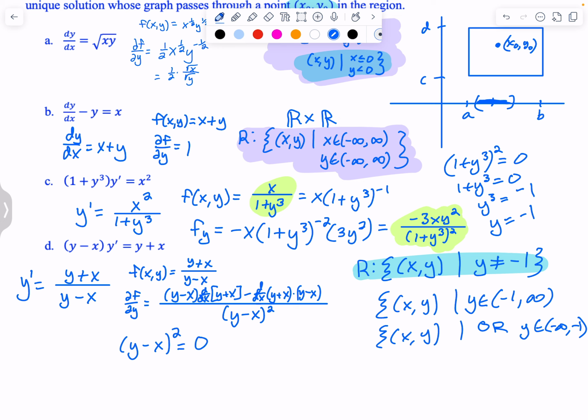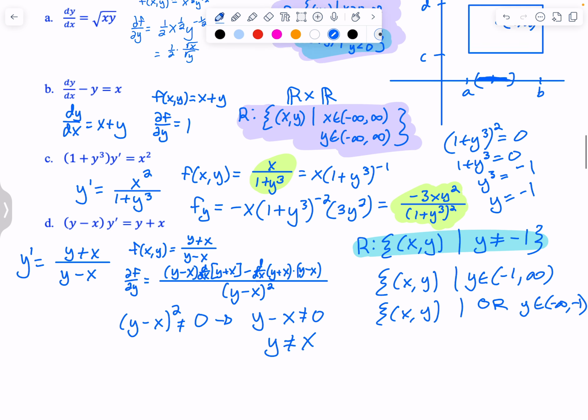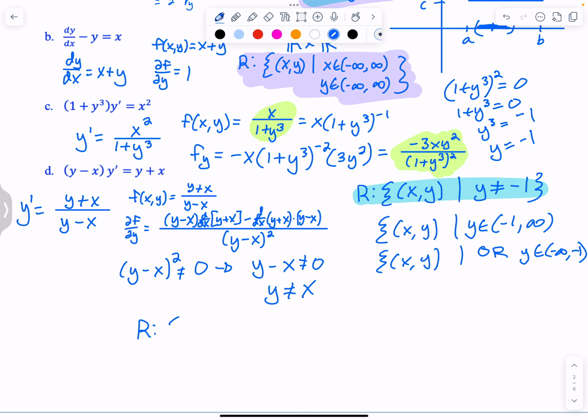It can't be 0. So if I were to work that out, that gives me y minus x equals 0. Y can't be x. So a region R that would work, and remember we're going to have multiple because they didn't give us a point, would be all xy such that y cannot equal x.